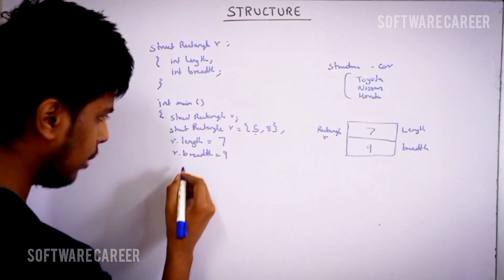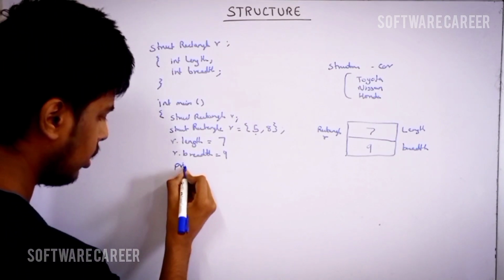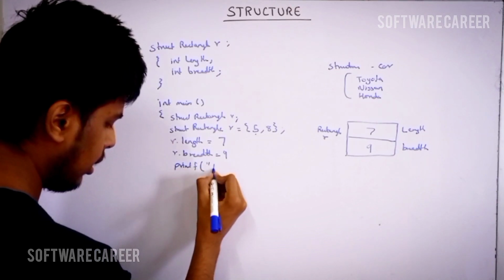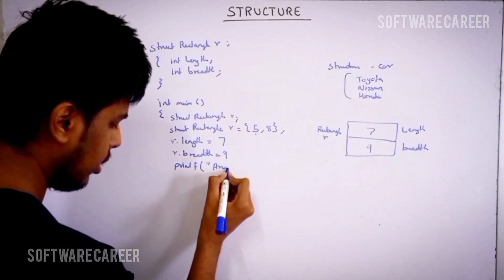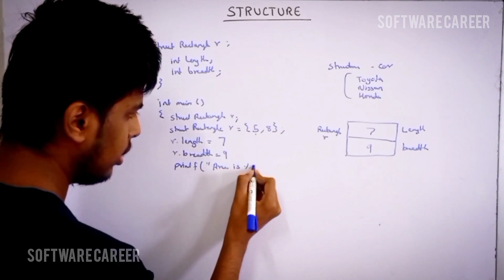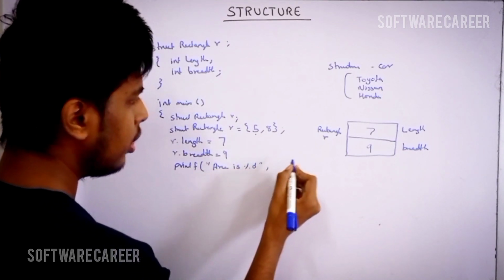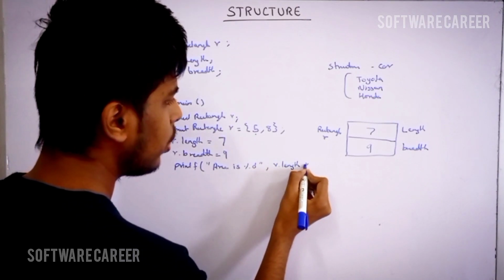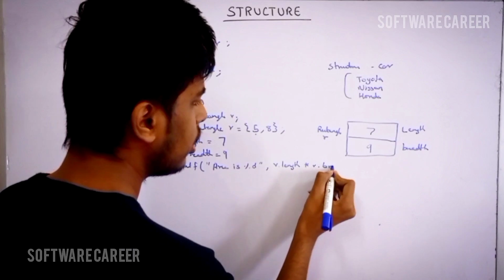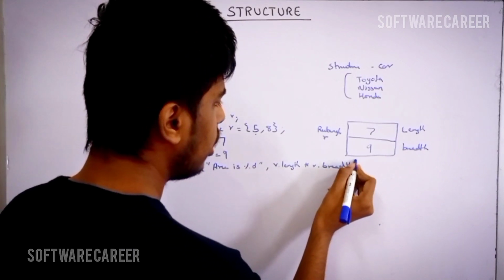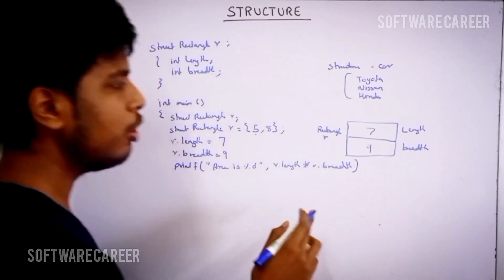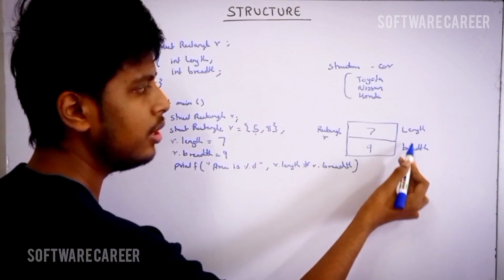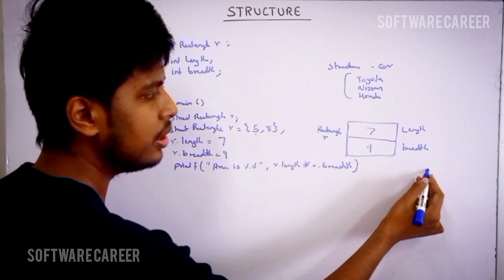Now I am writing the print statement: printf("area is %d", r.length * r.breadth). I want to print the area of the rectangle. The formula is length into breadth, that is 7 into 9, 63.